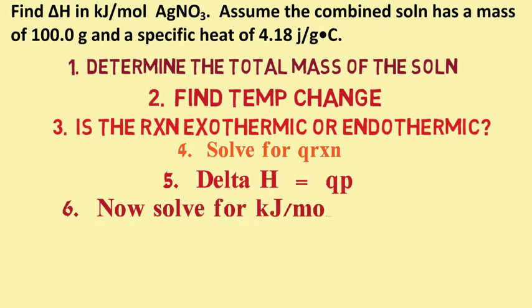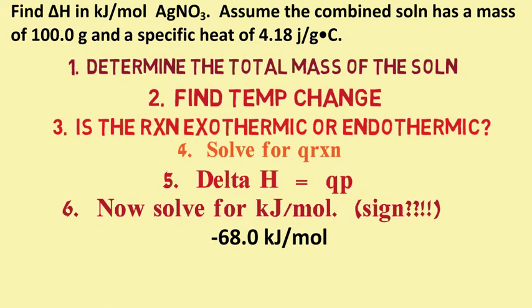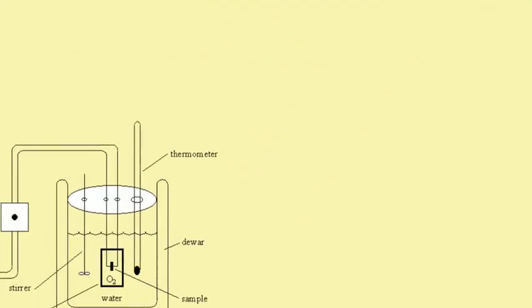I can't make a subscript. Q under constant pressure. Now solve for kilojoules per mole, and don't forget to put the correct sign. And here comes the answer: negative 68.0 kilojoules per mole. Always read the question carefully to see what units they want the answer in.